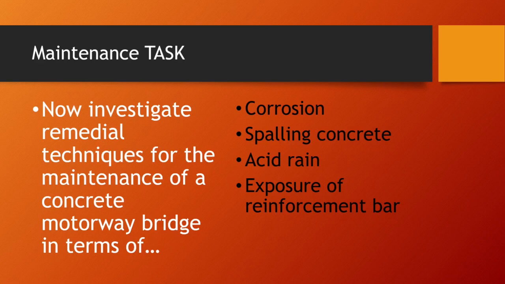So these are all things that you need to consider in terms of the materials and some of the stuff that can degrade them. So that's the end of part 2, and in part 3 we're going to look more on the sustainability side of things in terms of embedded energy.